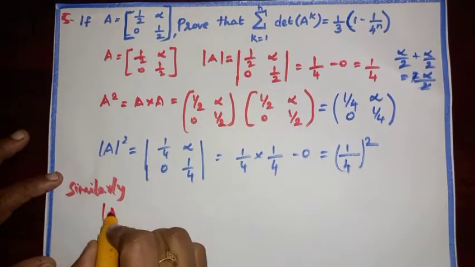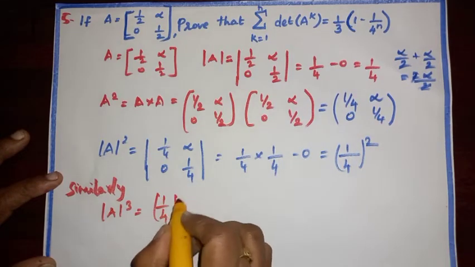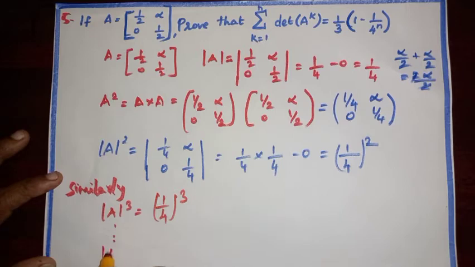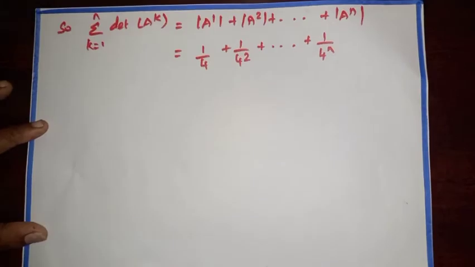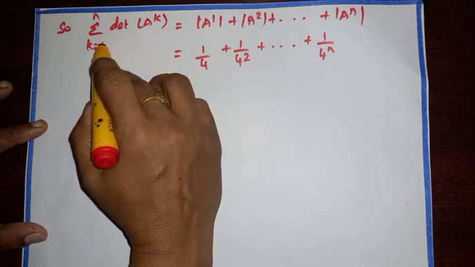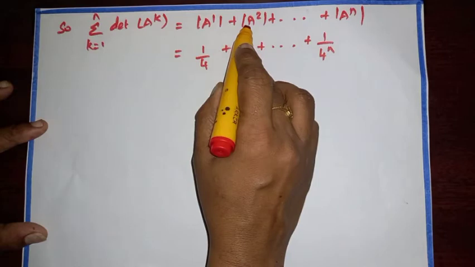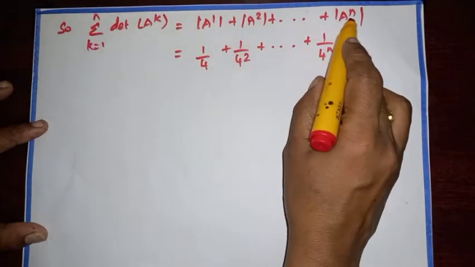Similarly, determinant of A cube is 1 by 4 whole cube. Dot dot, determinant of A power k is equal to 1 by 4 power k. So we need to prove summation of k equal to 1 to n determinant of A power k. In the place of k substitute 1: determinant of A, determinant of A square, up to determinant of A power n.